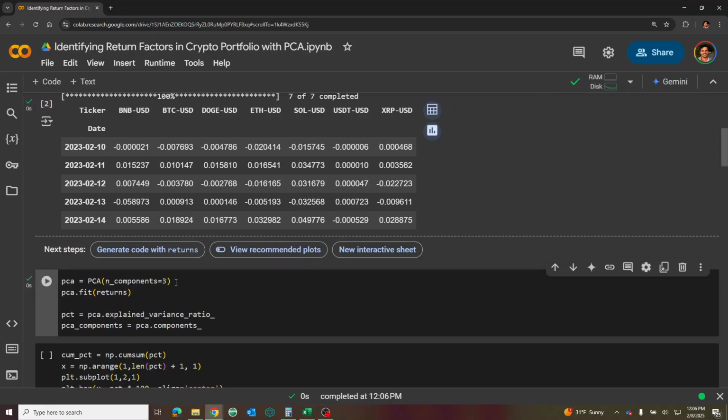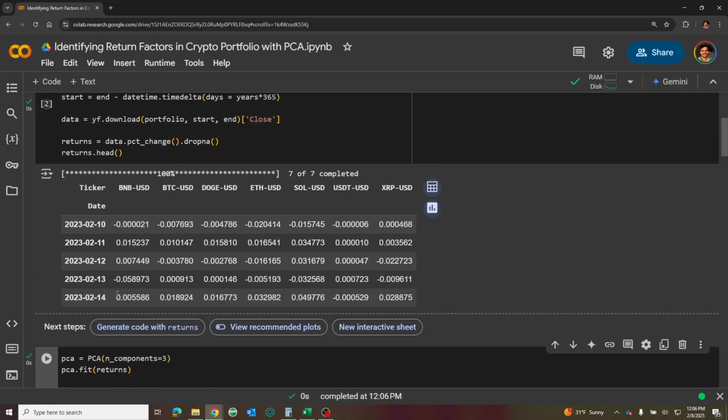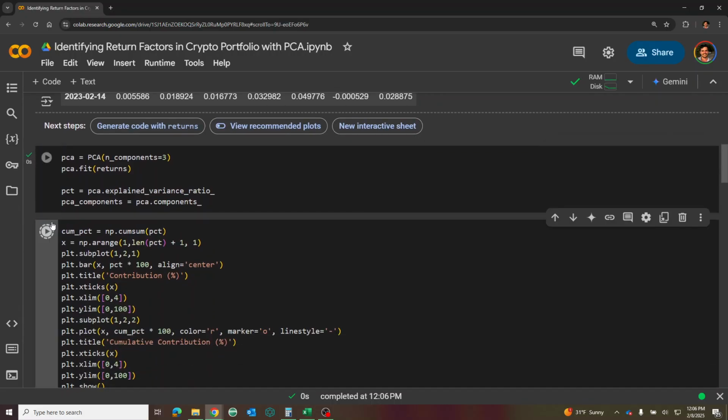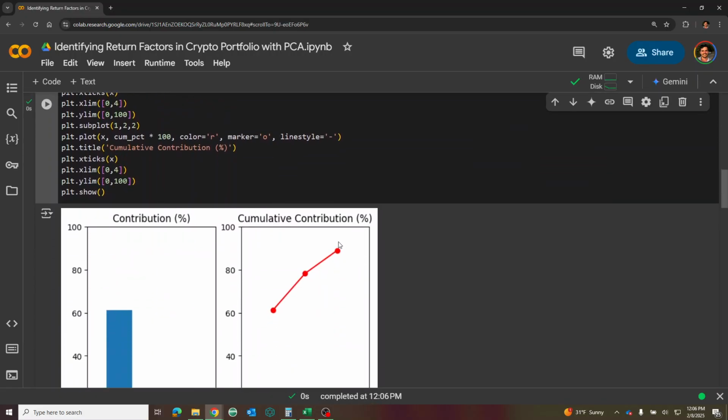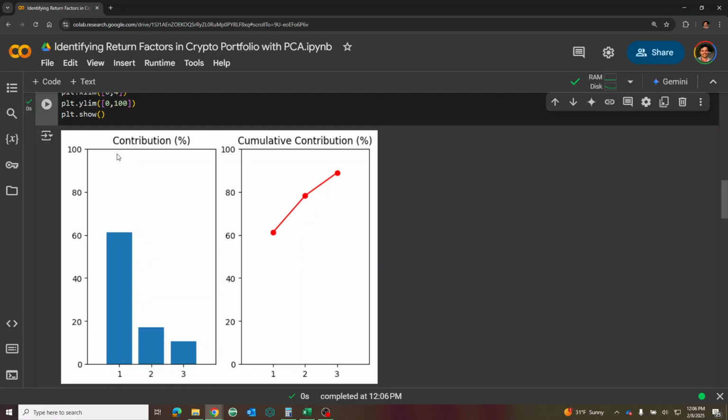We're using three components and we're fitting it on our returns. The returns is just the percent change of our close for each of those crypto coins. Then we graph it. This is the contribution that each factor has and the total percentage of variance. The first factor contains the greatest contribution, and this is the cumulative effect of stacking each of these factors on top of each other.